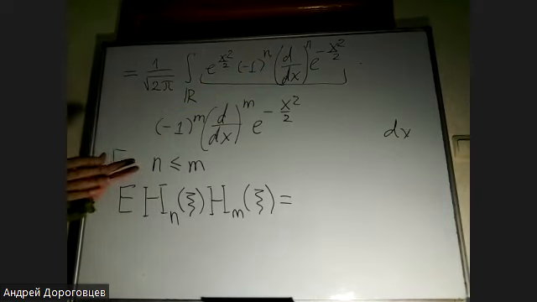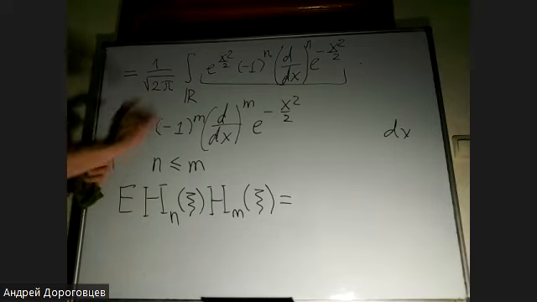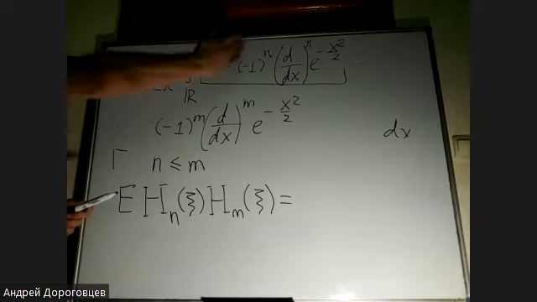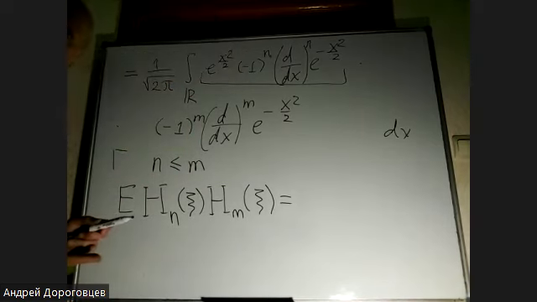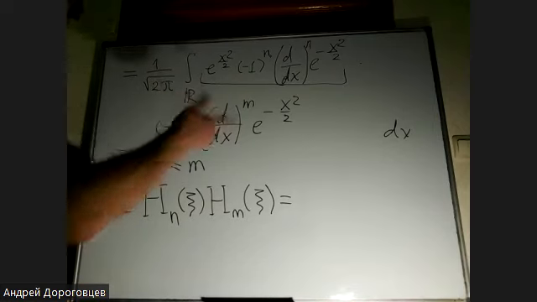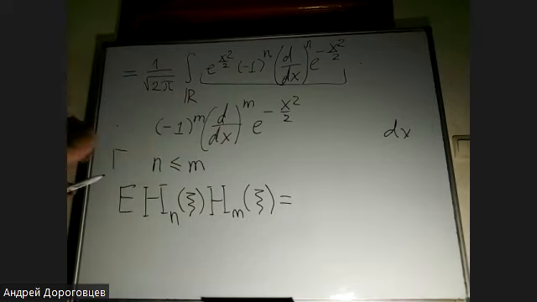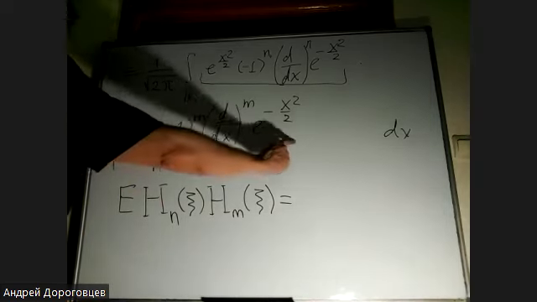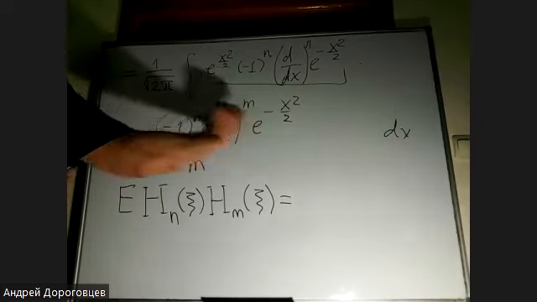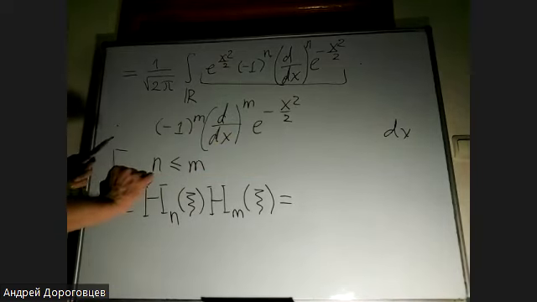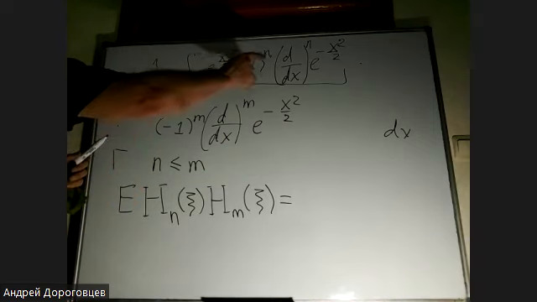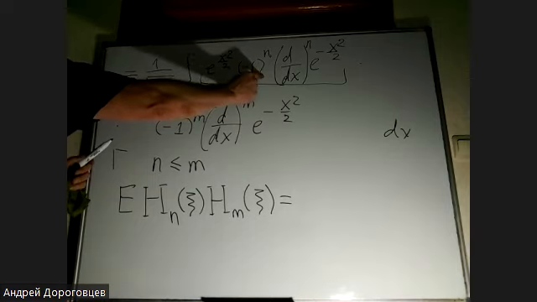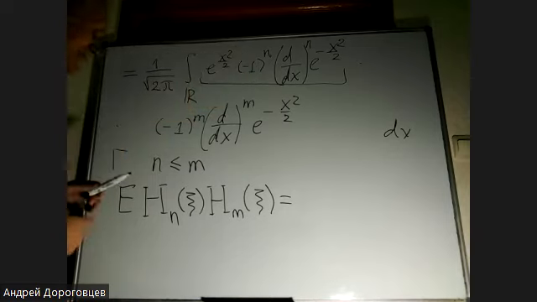And we have two possibilities. Either m is strictly greater than n, then we finally kill the polynomial and get 0. In the opposite case, we will have just one exponent left, and we will have the derivative of this polynomial, which coincides with its degree.